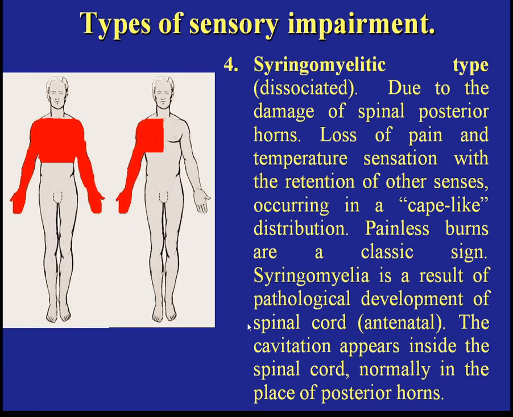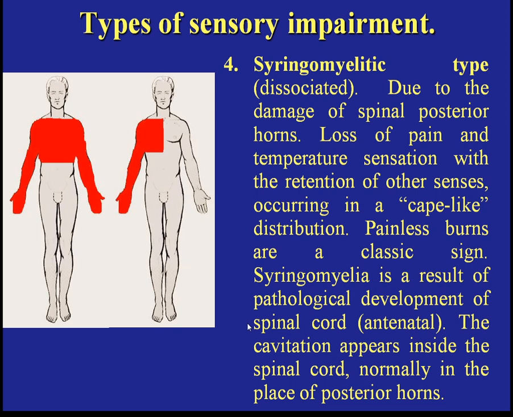And one more very interesting type of sensory impairment, the syringomyelitic or dissociated type. Why dissociated? Due to the damage of spinal posterior horns, there is loss of pain and temperature sensation with the retention of other senses, deep sensation, occurring in a cape-like distribution. So posterior horns are affected.